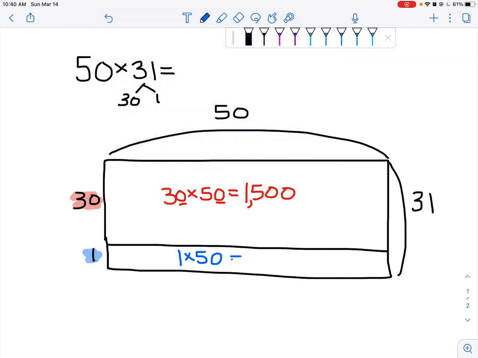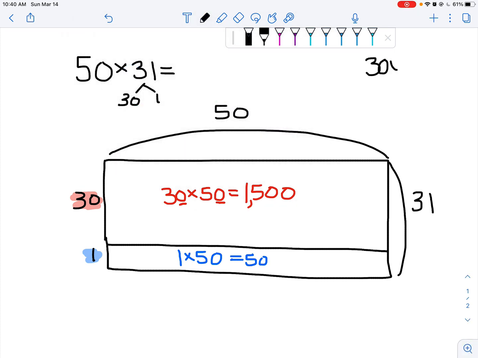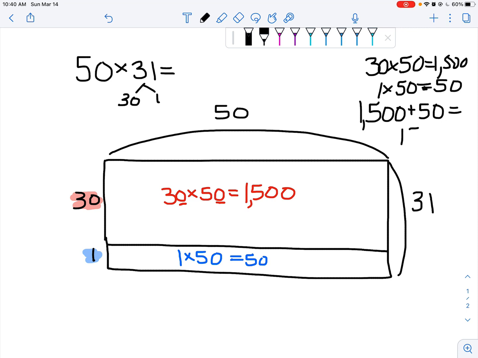And then I know that 1 times 50 is 50. And to record it as my partial products, I'm simply going to write 30 times 50 equals 1,500. I'm going to write 1 times 50 is 50. And then I'm going to just add 1,500 plus 50, and I will get 1,550 as my product.